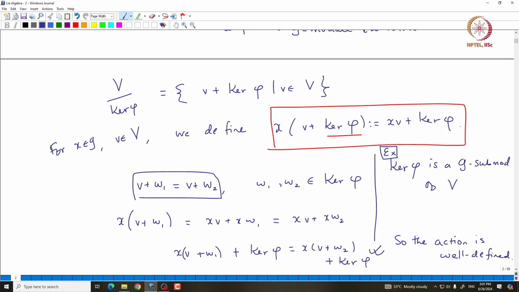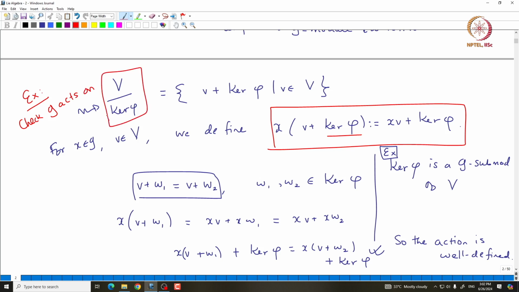Now, it is a routine thing to check this is indeed a G module. I will leave it as an exercise: check that G acts on this V modulo kernel phi.